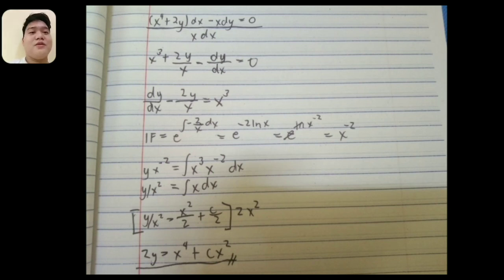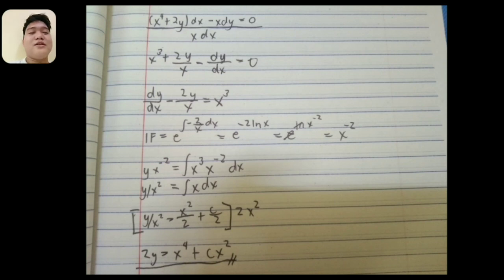So our p of x is negative 2 over x dx. The integral of negative 2 over x is negative 2 ln x. So it equals e to the ln x raised to negative 2, so we can cancel out e to the ln since they are partners. What remains is x to the negative 2. So our integrating factor is x to the negative 2.